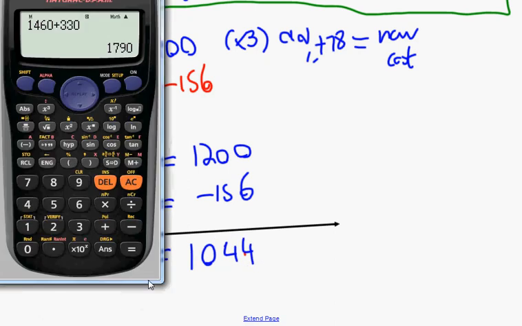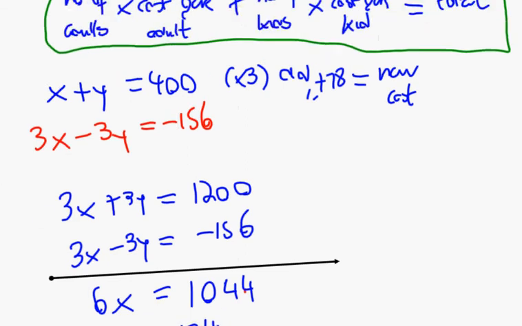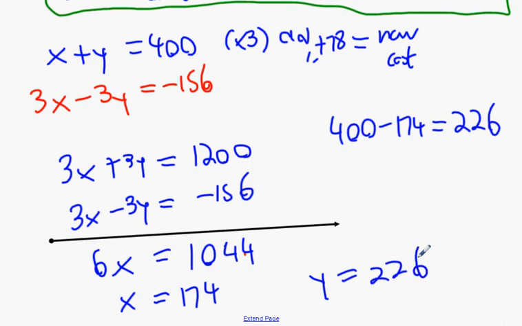Divide that by 6. 174. X is 174. Is X the adults or the children again? Adults. So how many children are there? 226. 226 kids and 174 adults.